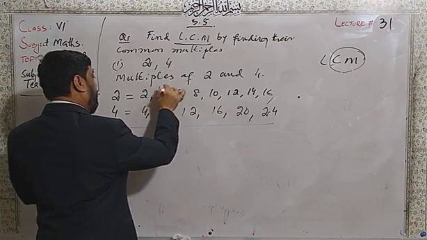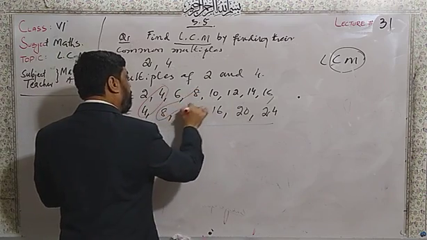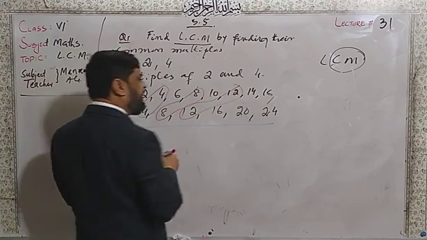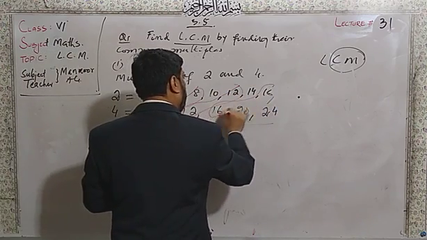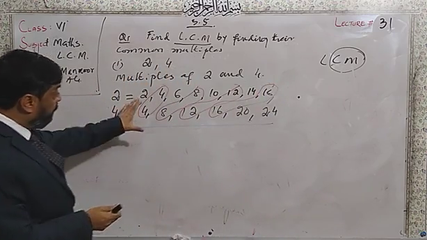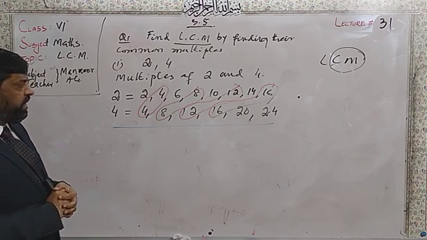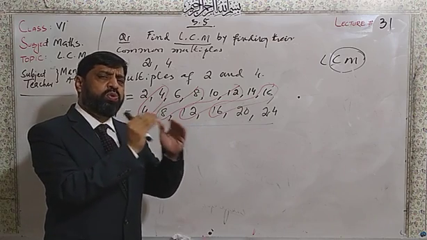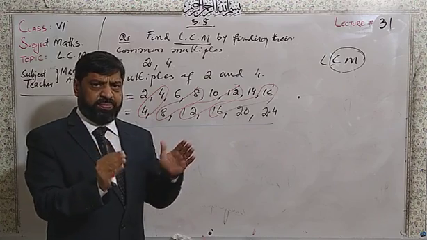First, 4 is the common multiple, then 8 is the common multiple, then 12, and then 16 is the common multiple. Think about these numbers that I have taken as common. At least we need 2 multiples, but if you take 3 or 4, it's okay.